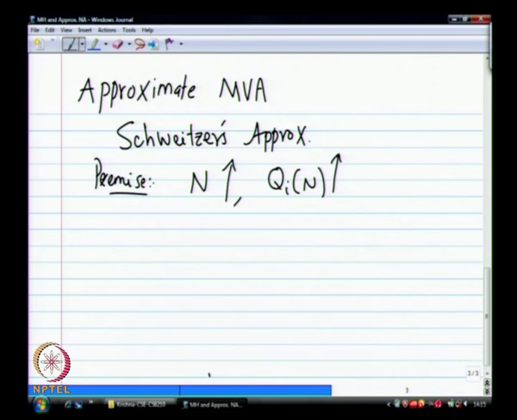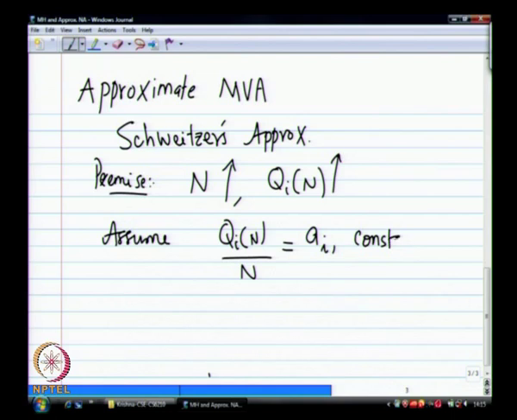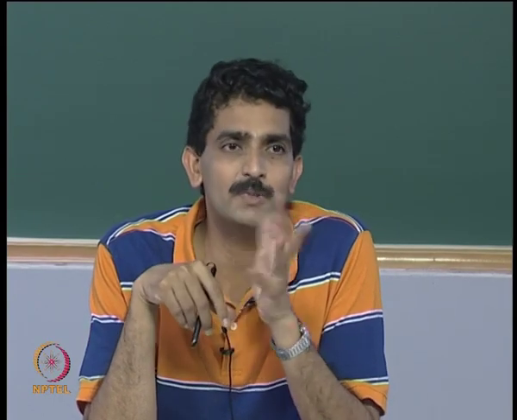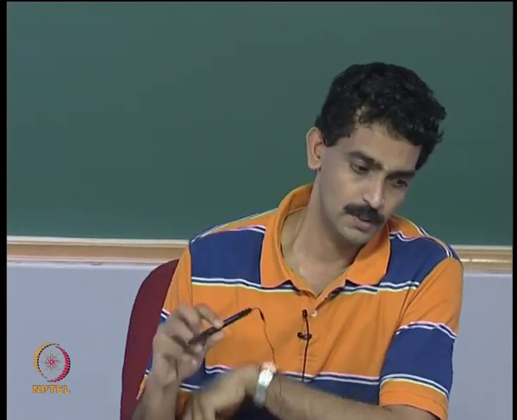And then he assumes that the rate of increase, Qi by n, is basically a constant, some constant Ai. So it is assuming a linear relationship between the number of customers queued at a given queue and the total number of customers. If I make this assumption, then I can simplify.